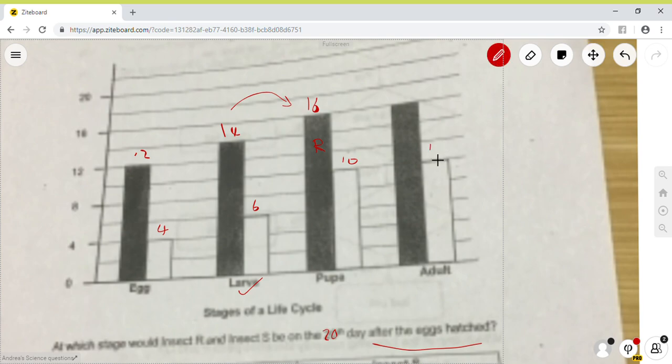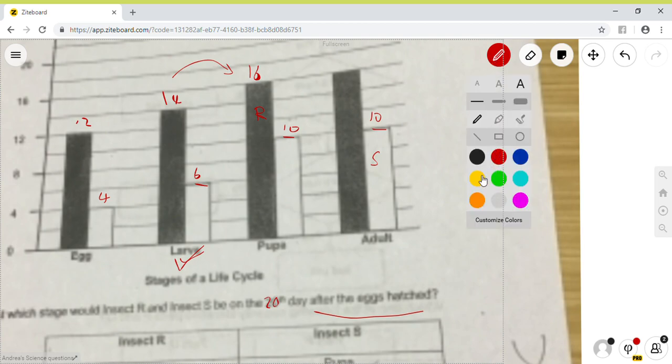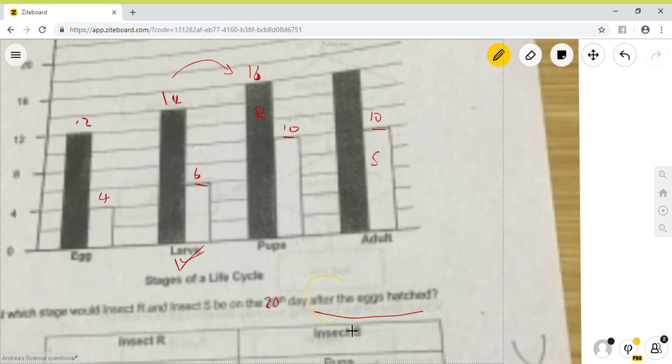So we gotta start counting from the larva stage again. So 6 plus 10 is 16, plus 4 more, so adult. So S is here. I think the tricky part is they asked about it starting after the eggs hatch.